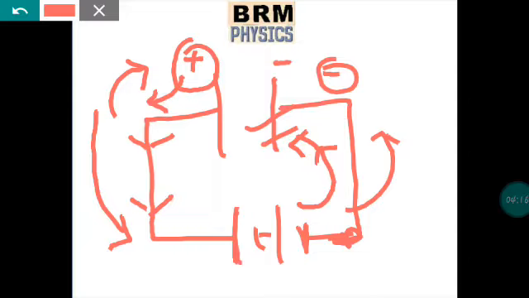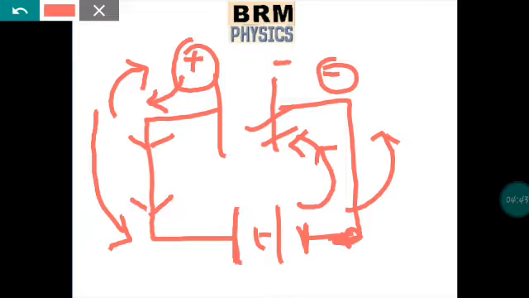In this way, the battery is doing work to pull electrons from the first plate towards its positive terminal and to push electrons from its negative terminal to the second plate of the capacitor. Understood? So in that way the battery is doing some work.